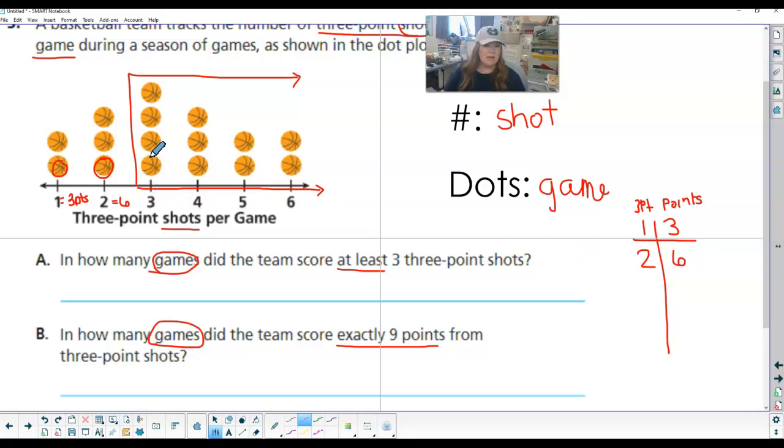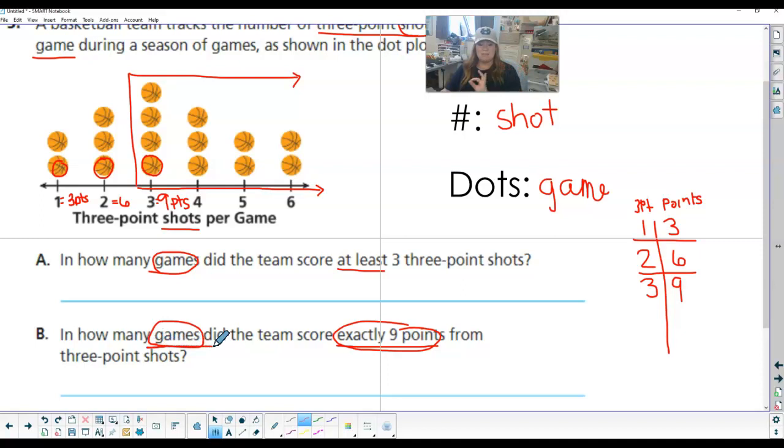In this game, they made 3 3-pointers. 1, 2, 3: 3 points, 3 points, 3 points, 3, 6, 9 points. And that's what we want, exactly 9 points. So right here, when they score 3 shots, they made 9 points. Now we have to come back to our question.